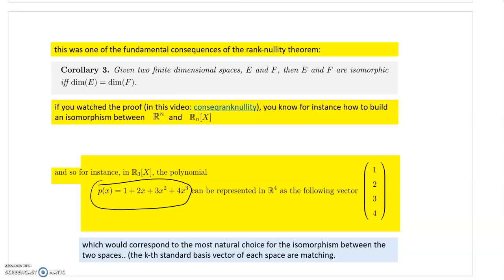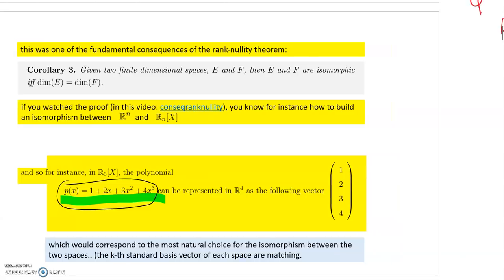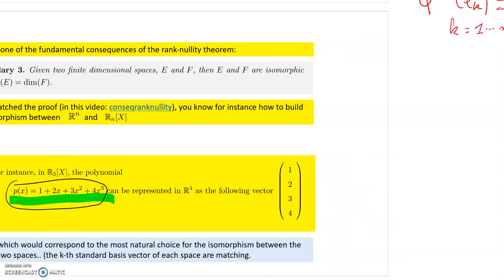So we've got that example where we have this polynomial, let's say it's 1 plus 2x plus 3x² plus 4x³. I can make it a vector of R4, which is just going to have 1, 2, 3, and 4 as components.